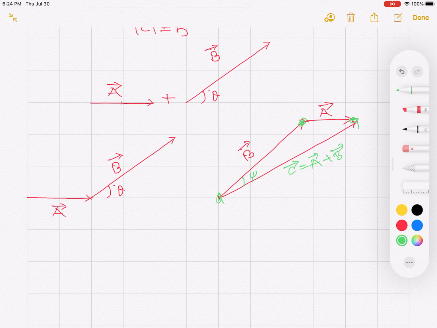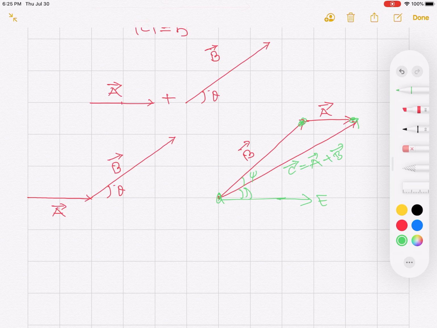The magnitude you need to measure with your scale, and this is the direction. Here you can define direction in different ways. If you want to say a certain degree to the east, you need to measure how much this angle makes with the east direction. Or you need to take a reference line.